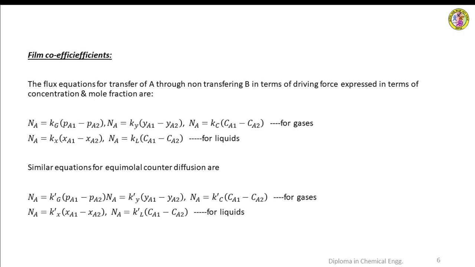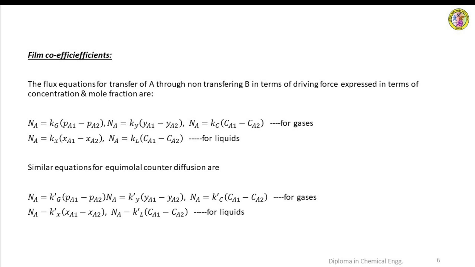So the equation for the transfer of a component from a gas phase to liquid phase can be written as Na is equal to kg into Pa1 minus Pa2 equals kx into Xa1 minus Xa2 or equals kl into Ca1 minus Ca2, for this case of steady state diffusion of A through non-diffusing B. In the same way, for the steady state equimolal counter diffusion, the flux equation for a transfer of a component from one phase to another can be written as Na is equal to kg dash Pa1 minus Pa2 equals kl dash Ca1 minus Ca2.